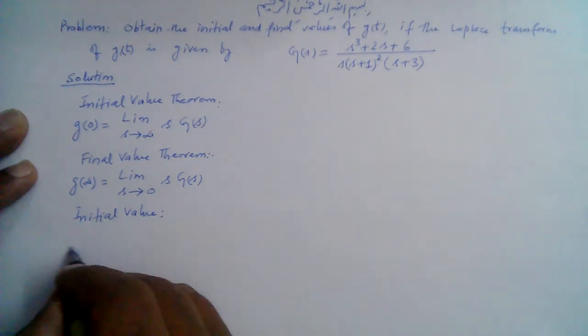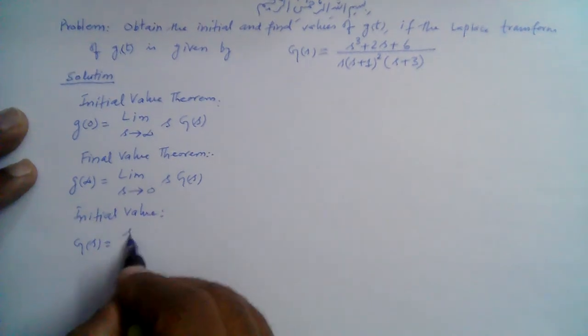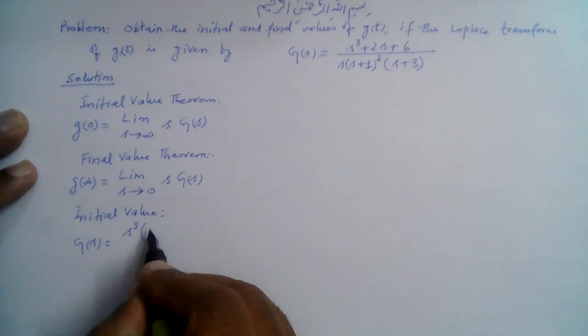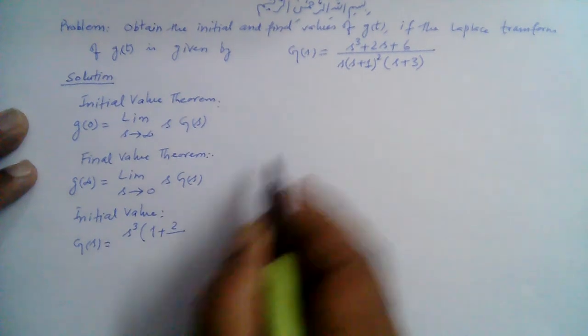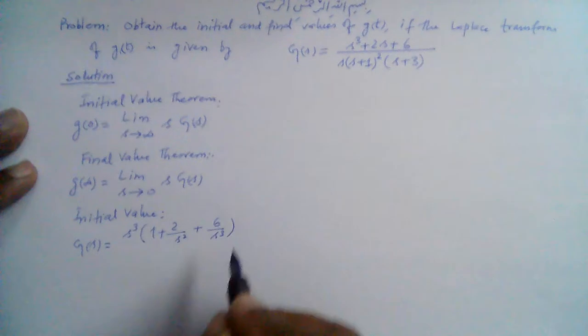So g of s, we take out this common s cube, so the numerator will be 1 plus 2 over s square plus 6 over s cube.